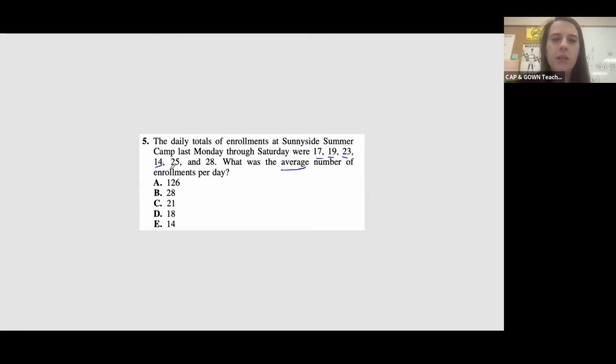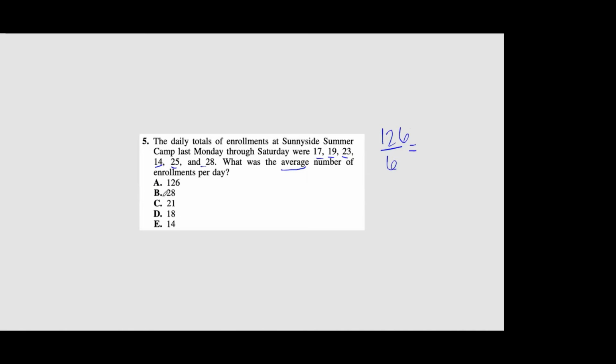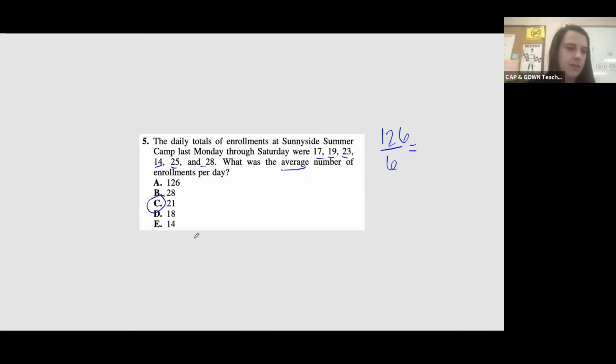So you add them all together. 17 plus 19 plus 23 plus 14 plus 25 plus 28. I'm going to put that in my handy dandy calculator. It will be 126. Ooh, thank you. You're faster than me. Divide by 6. Did you do that part? My calculator's frozen. 21. 21. Boom. C is our answer.